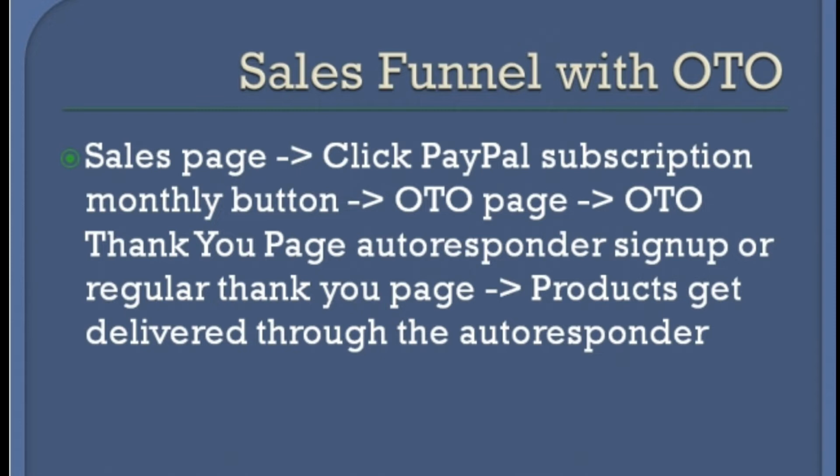Or if they say no, they're sent to the regular thank you page. Then after that, the products get delivered through the autoresponder. So if you add a one-time offer, it does make it a little more complicated, but it's really not that bad. But in this specific video series, I'm going to talk about the sales funnel in relation to a basic sales funnel with no one-time offer. This is important to know just so that you can put all the pieces together and know exactly what you need to do.